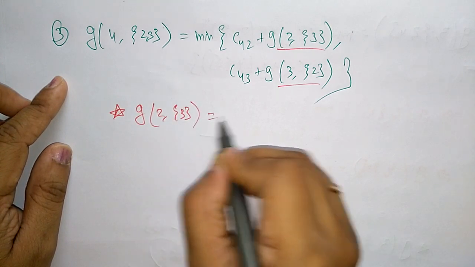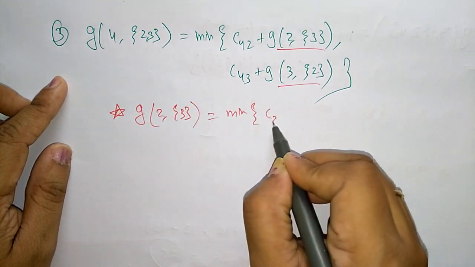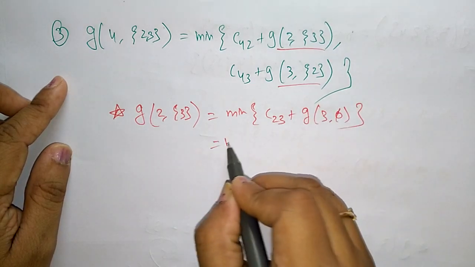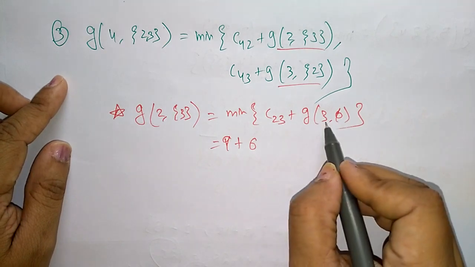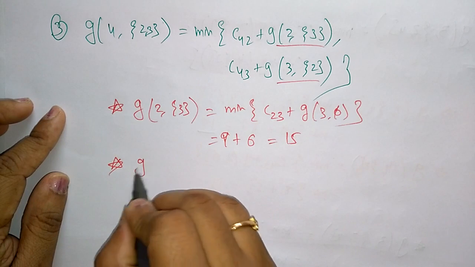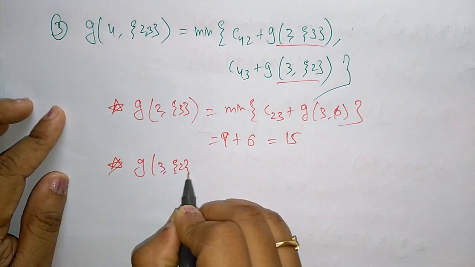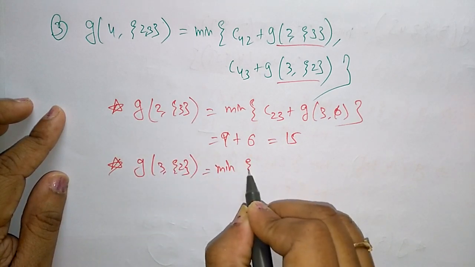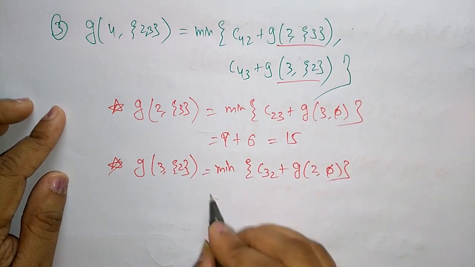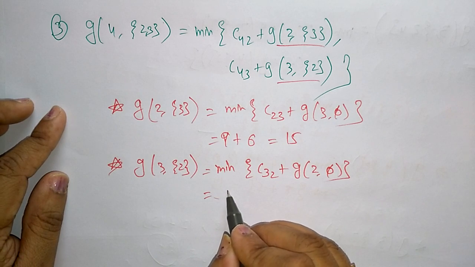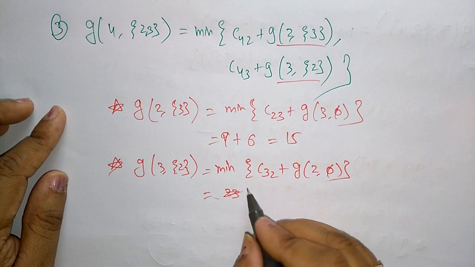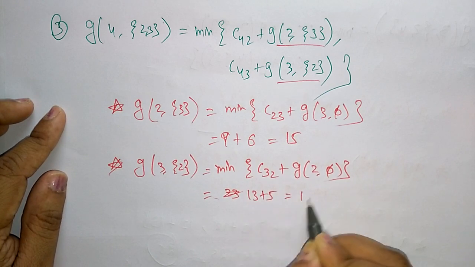Applying the formula, the minimum of C23 plus g of 3 comma 5: this is 9 and this value is 6, total 15. And this is g of 3 comma 2. Apply the formula, the minimum of C32 plus g of 2 comma 5: C32 is 13 plus 5 gives 18.